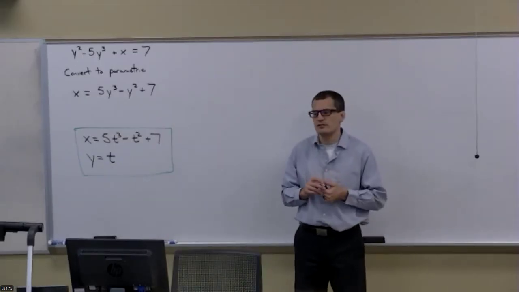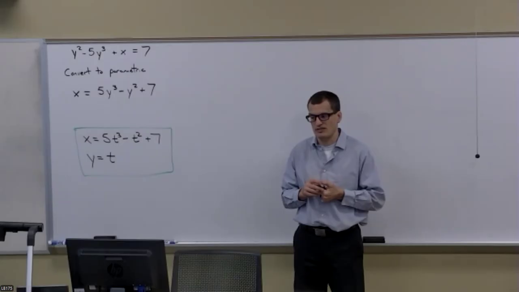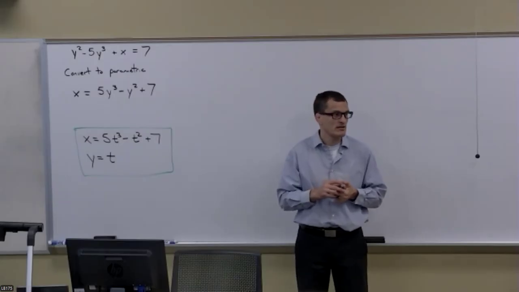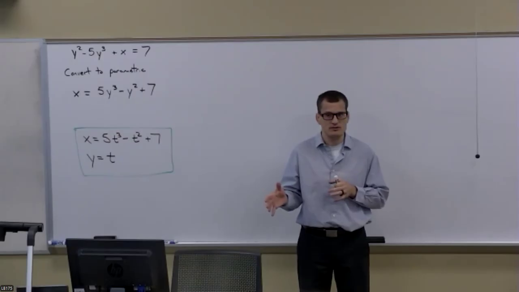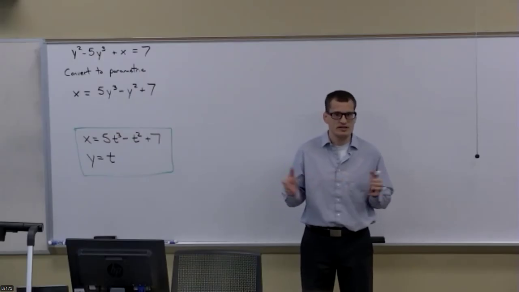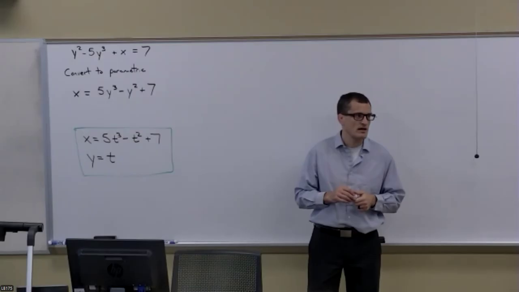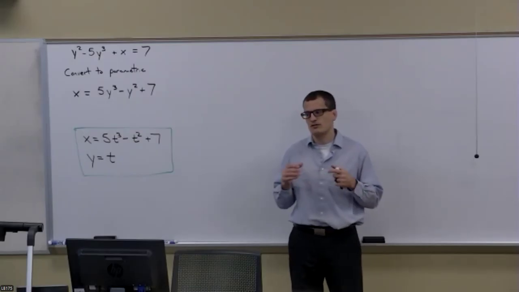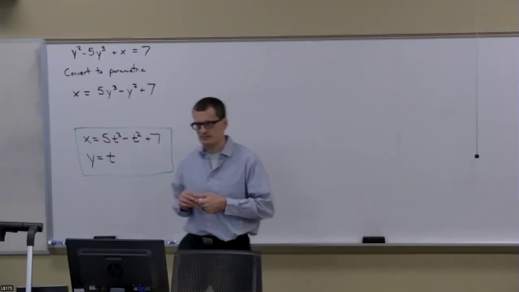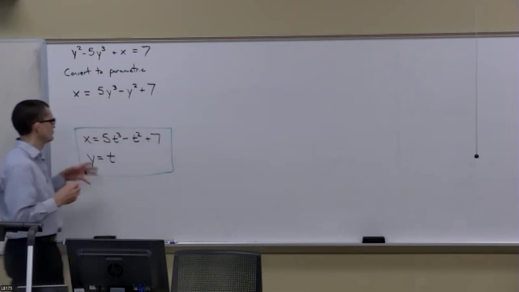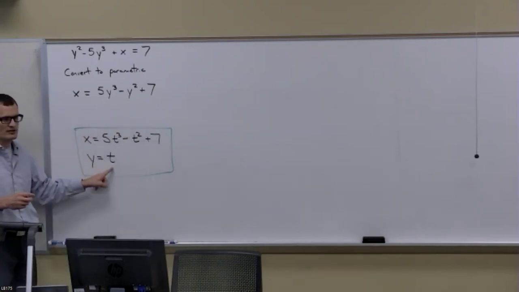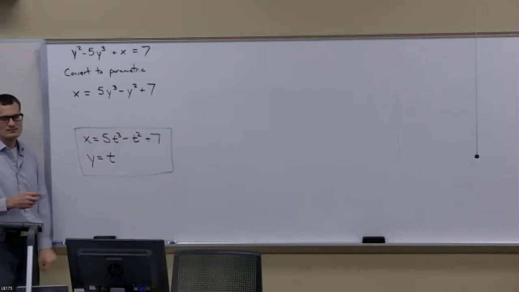Again, there are certain t's, like if you put y equals t squared, then all of a sudden the y is restricted to positive values. Does that make sense? You're only going to get positive values for y. So there are some domain restrictions on some of your equations.